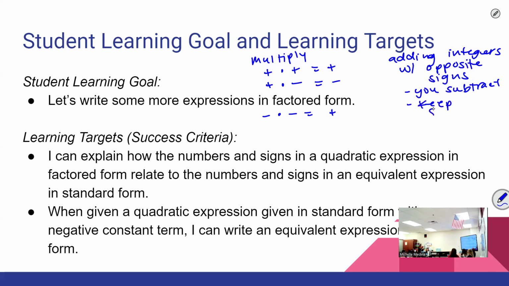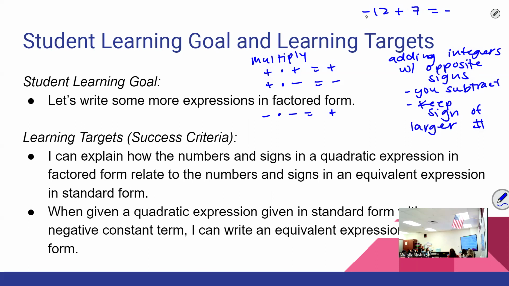Again, these are things you could check in your calculator, but the more fluent you are, the easier it'll be to factor. So here's an example of opposite signs. Negative 12 plus 7. Is my answer going to be positive or negative?